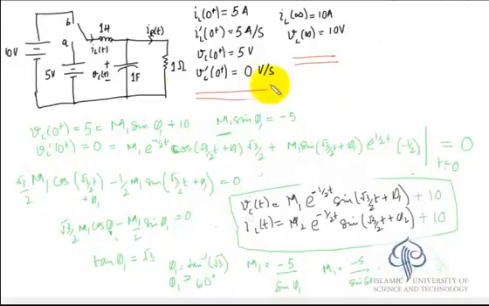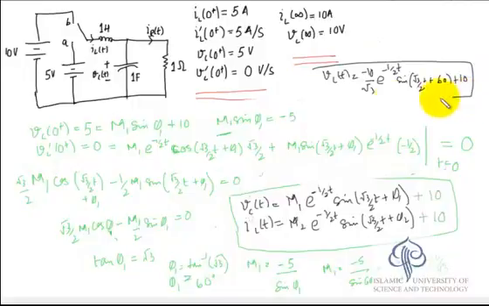So we can write down VC(t) as minus 10 by root 3 e to the power minus half t sine of root 3 by 2 t plus 60 degrees, plus 10. Similarly, by using the initial conditions for IL(t), IL dash (0+) and IL(0+), we can find the values of M2 and phi 2.